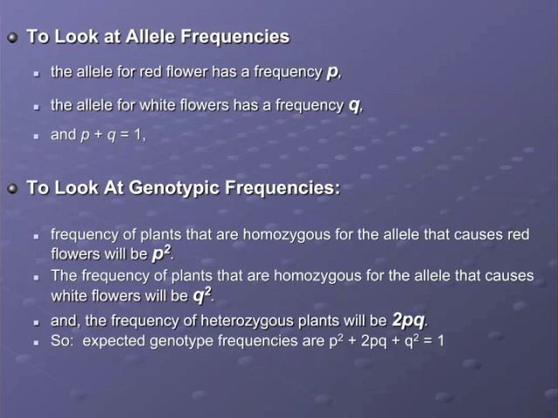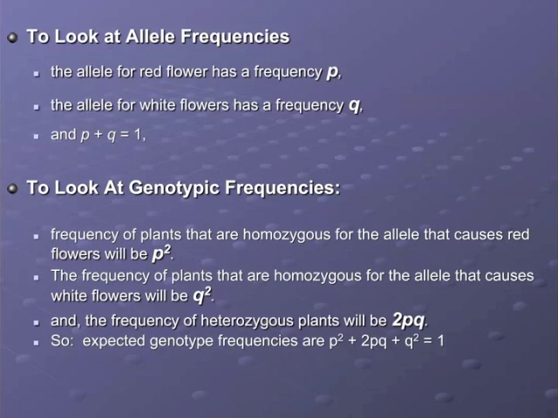Then, to find the frequency of a plant that's homozygous for white flowers, it would be q squared, because again, you have to have two q's. You have to have two white alleles for a white flower to be homozygous. Homozygous for red, you have to have two red alleles, so p times p is p squared, q times q is q squared.